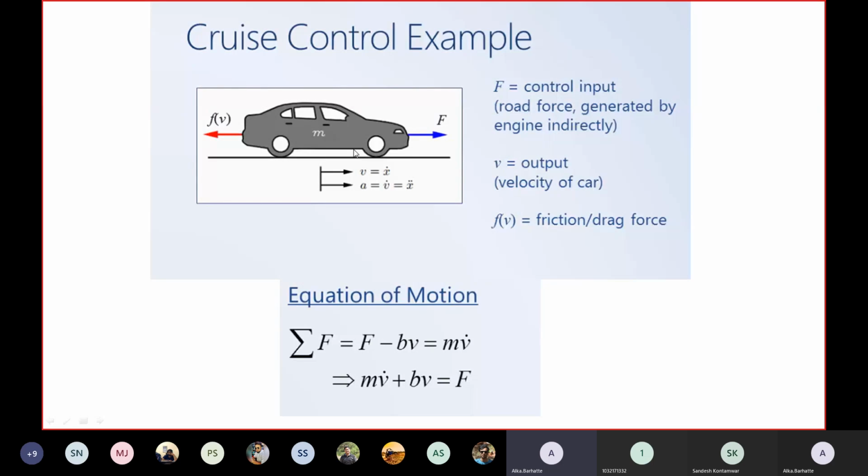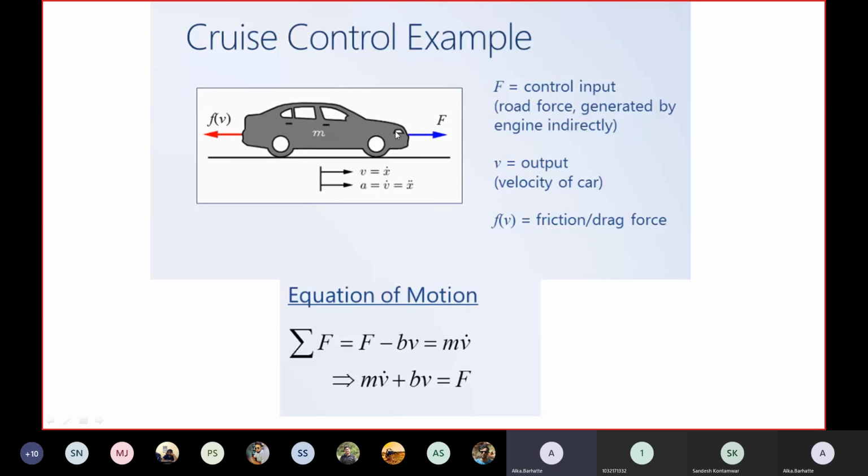Okay, so how it can be modeled, how to obtain the transfer function or differential equation corresponding to this particular vehicle. Okay, and finally the aim is to get the constant velocity for that particular object, that is vehicle in our case.